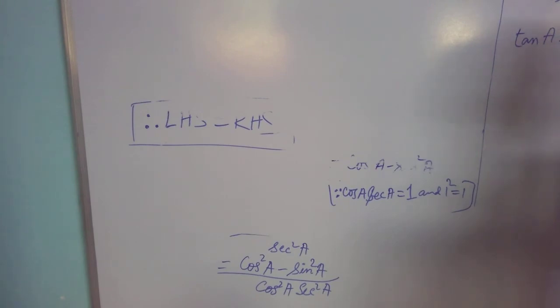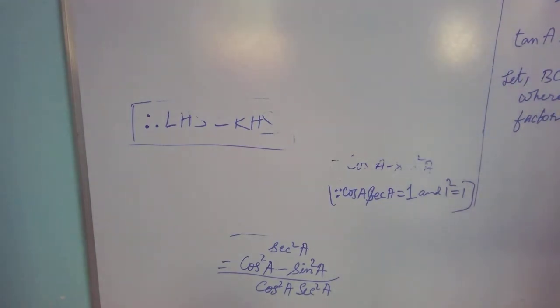So let BC equal to k and AB equal to root 3 k, where k is a common factor.